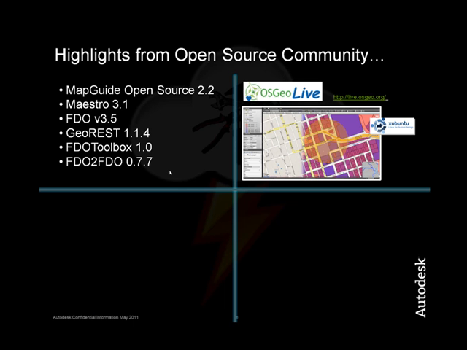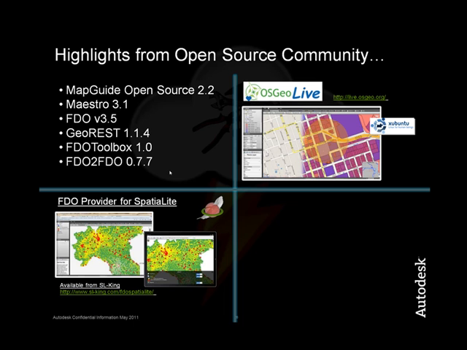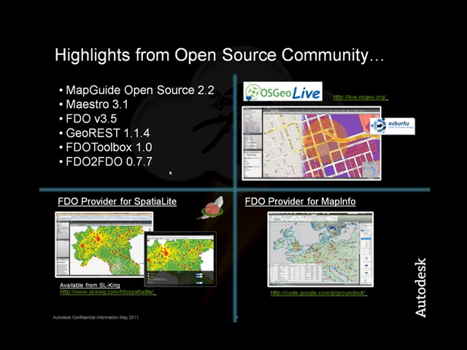It provides pre-configured applications for a range of geospatial use cases, including storage, publishing, viewing, analysis, and manipulation of data. It also contains sample data sets and documentation. And we have the new FDO providers for SpatiaLite and MapInfo.